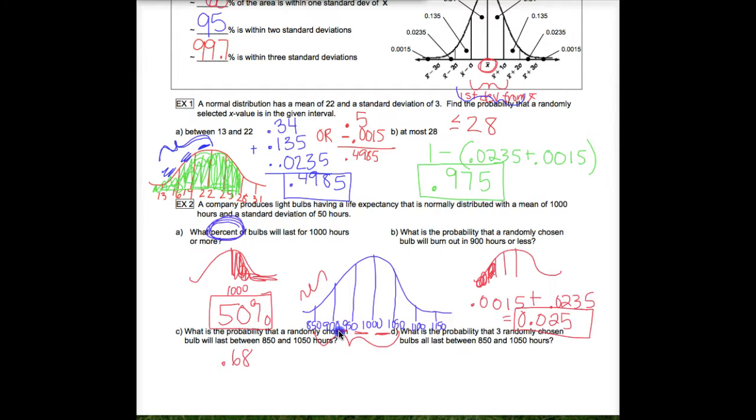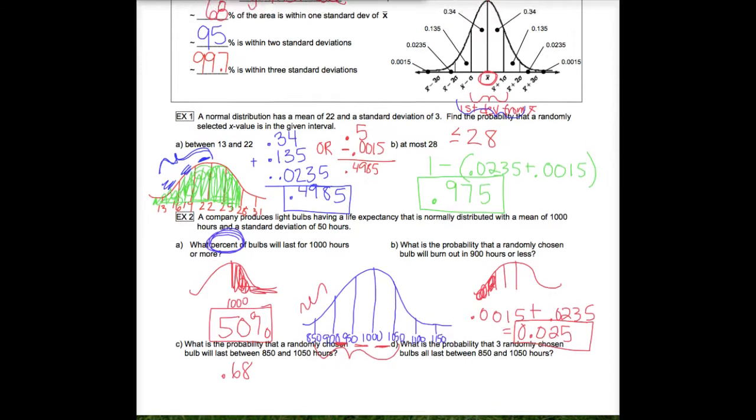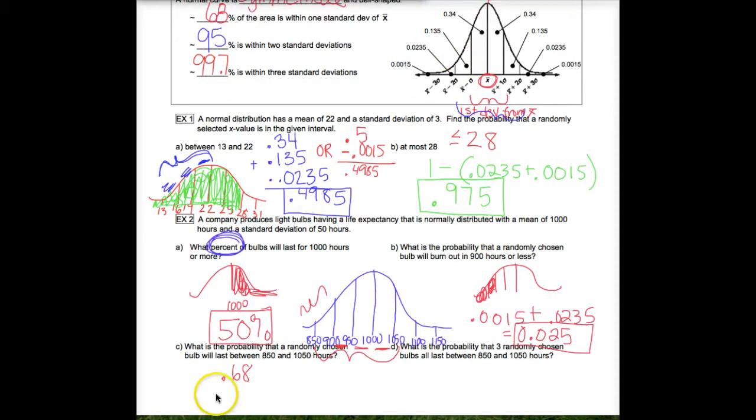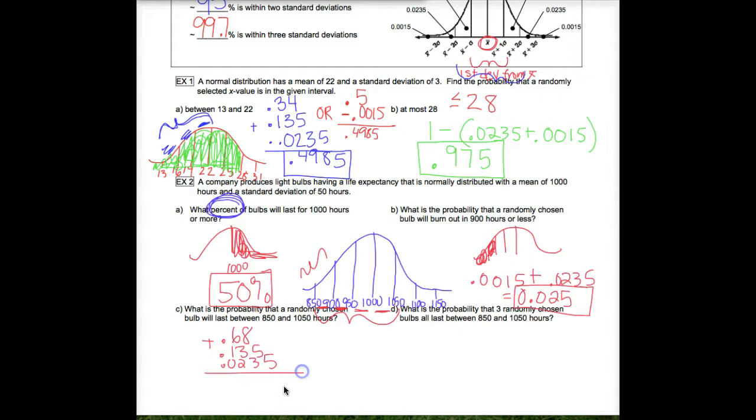Then this one over here, if we scroll up, is the 0.135. So I'll add that. And then finally, this one right here is 0.0235. So I'm going to add all of those together, and it gives me 0.8385.